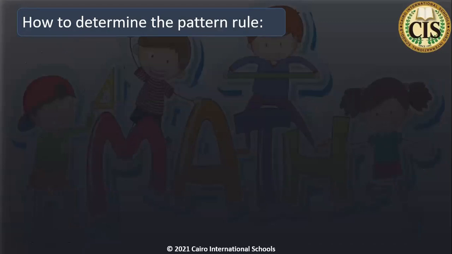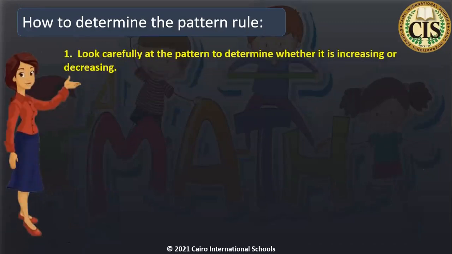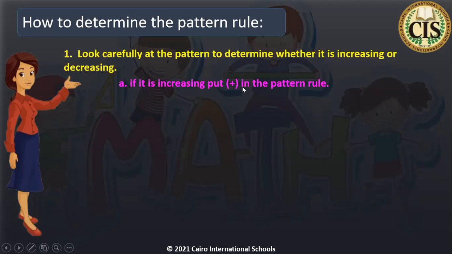Now, how to determine the pattern rule? You can ask yourself, Miss Nada, how do I know I'll add 2 or subtract 5? We have the following steps to determine the pattern rule. First, you have to look carefully at the pattern and determine whether it's increasing pattern or decreasing pattern. If the pattern is increasing pattern, so we are adding, we put the plus sign, okay?